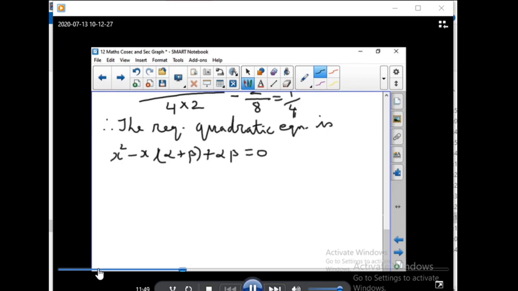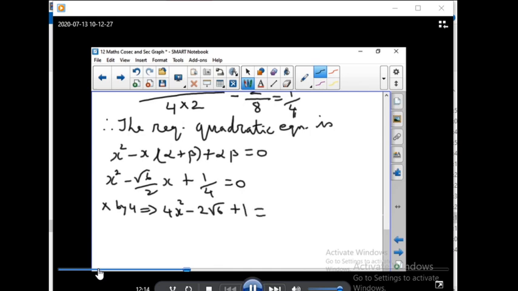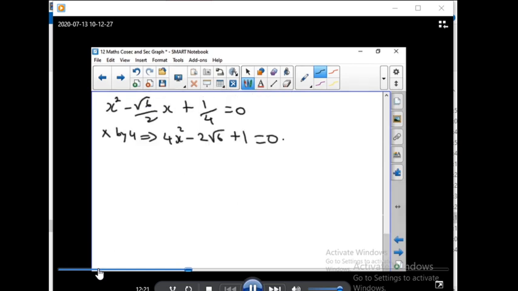So, we get x square minus root 6 by 2 x plus 1 by 4 is equal to 0. LCM is 4. So, we multiply throughout by 4. So, we get 4x square minus 2 root 6 x plus 1 is equal to 0.